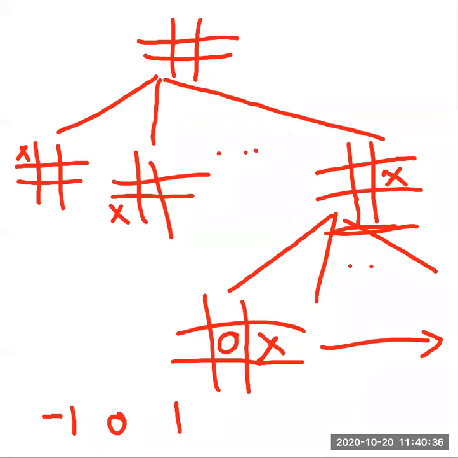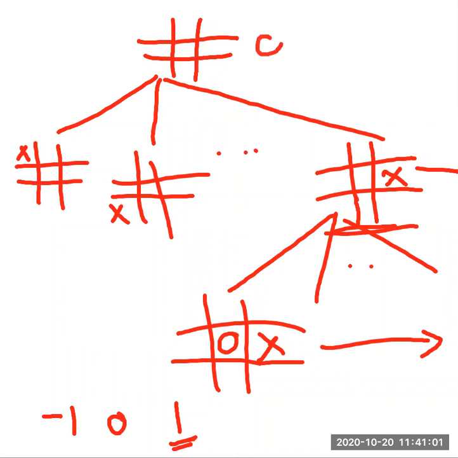Then as a PC, I'll select a board position which takes me to 1 after two plays: the first play of the PC and the second play of the player. After that, the game position should be equal to 1. That is the most ideal position where a PC or algorithm should play.